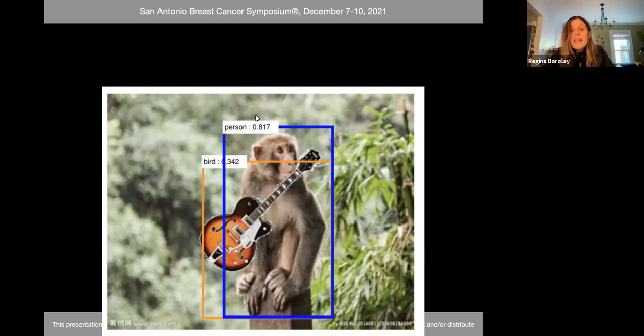But the moment you add a guitar to this monkey, it starts identifying it as a human. Why? Because every single time in the training data when a guitar was there, you've seen a human. So the model uses the guitar as a clue that there is a human nearby.